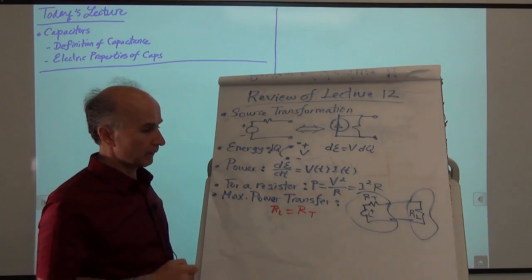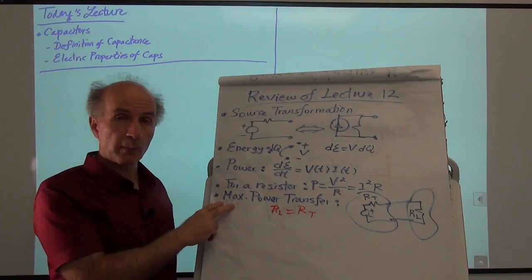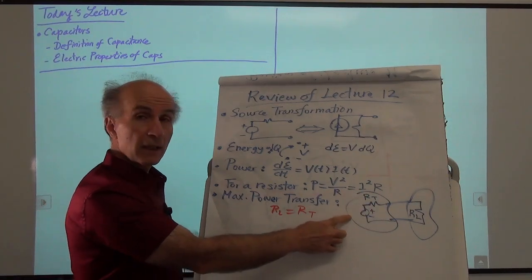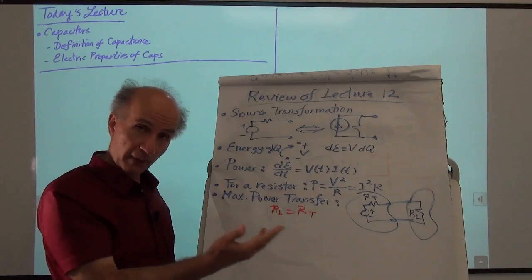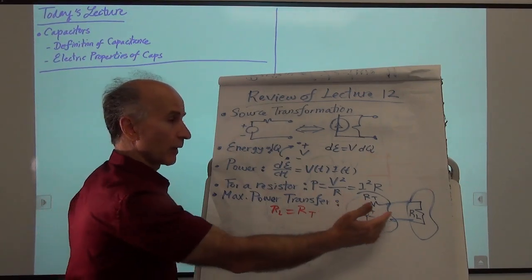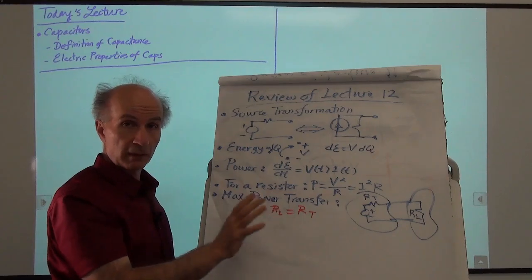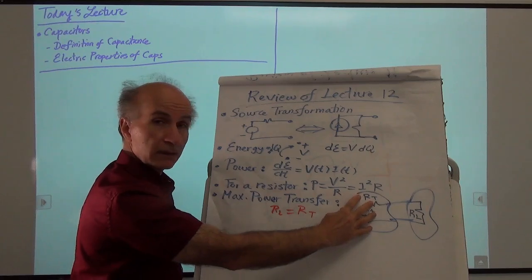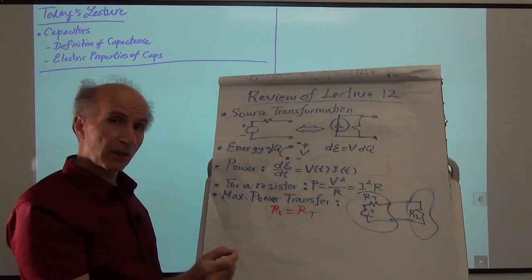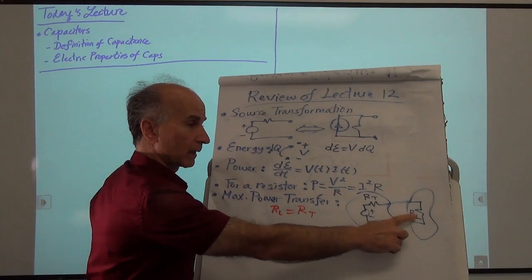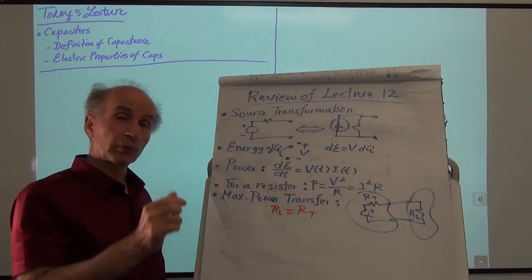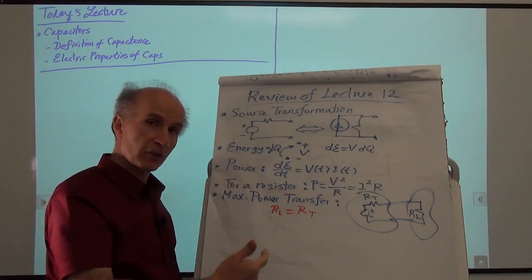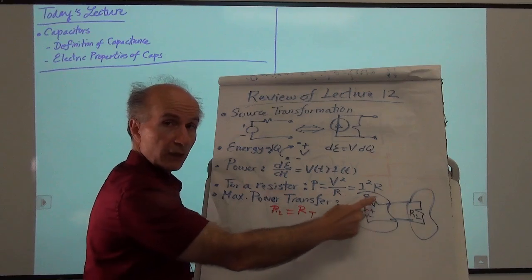Okay, and the final concept was maximum power transfer. We said that if we have a circuit of this form, which can be modeled by a Thevenin equivalent, and this is driving some sort of load resistance, maybe as part of another circuit, then the power delivered by this circuit to this load is maximized when RL is equal to RT, provided that what is variable in this optimization is RL, meaning RT is constant.